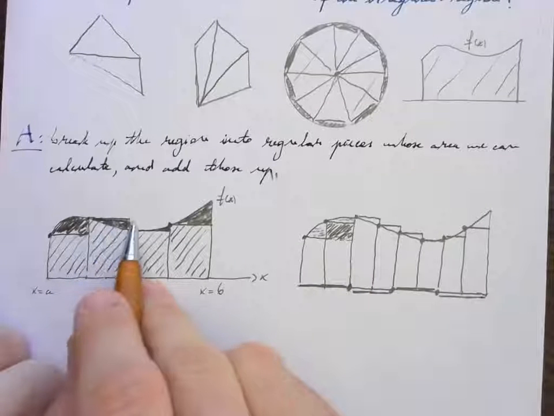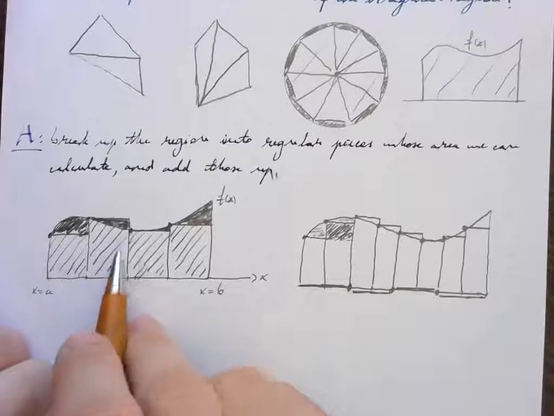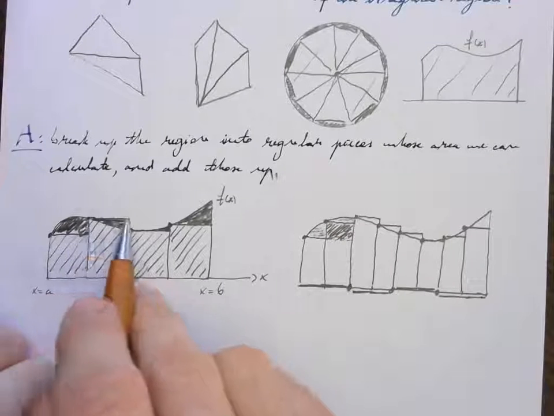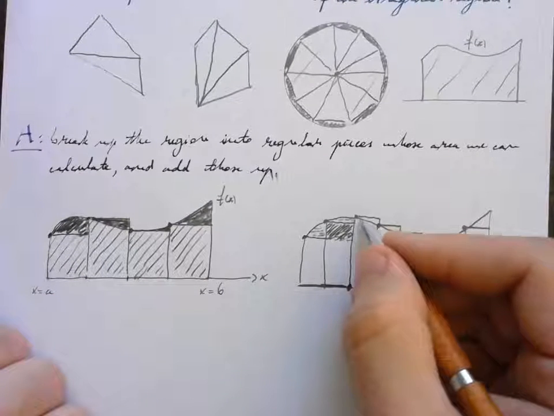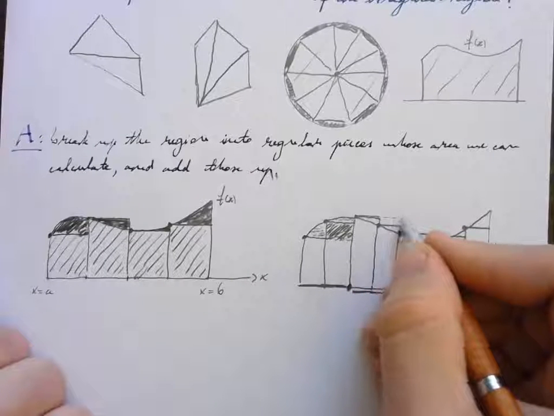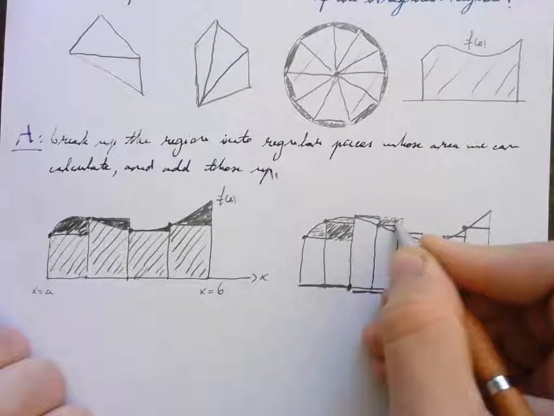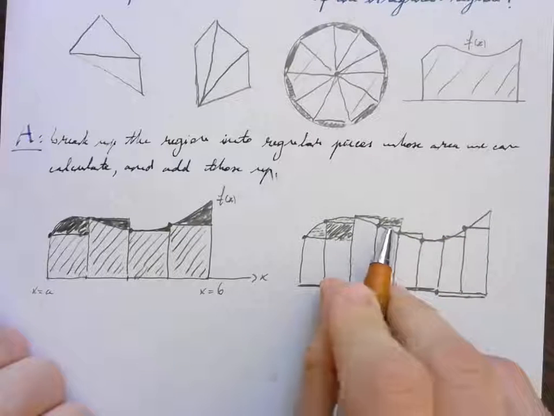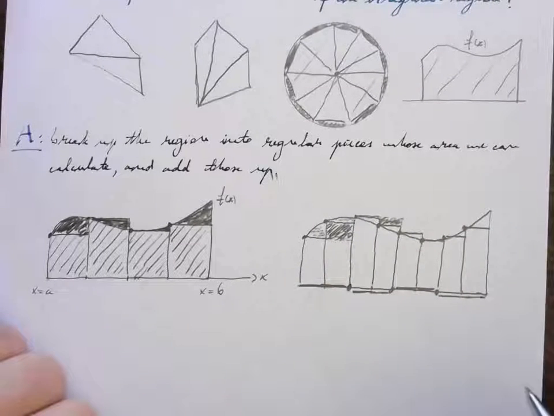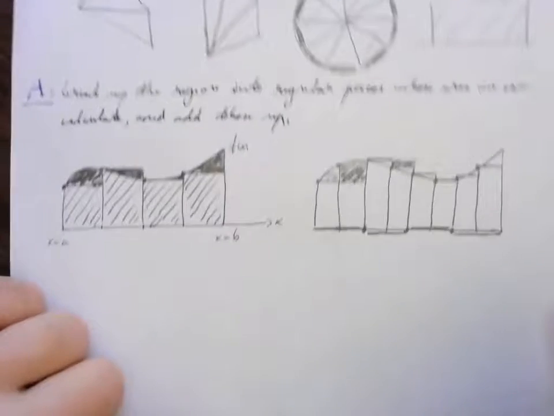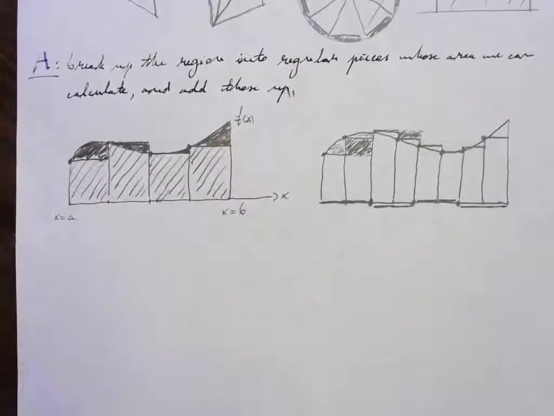I was overestimating by a lot the area of the actual shape, and here instead of overestimating by that much, my error is fixed by this amount, so I'm only overestimating by a little bit here. And so on.